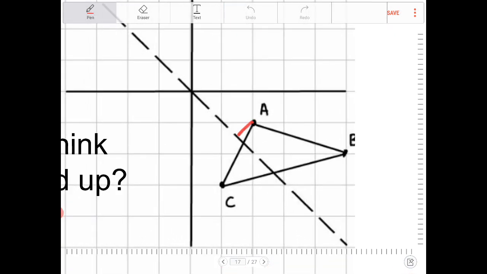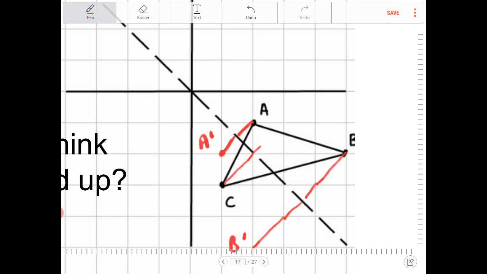If you notice right now, A is half a diagonal away from the axis of reflection, so therefore, A prime is going to be located over here because it's half a diagonal away. Same thing over here. I have one diagonal, half a diagonal, one diagonal. So B prime is going to be over here. Over here, I notice I have one diagonal.